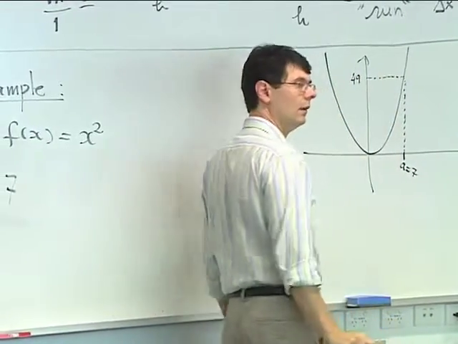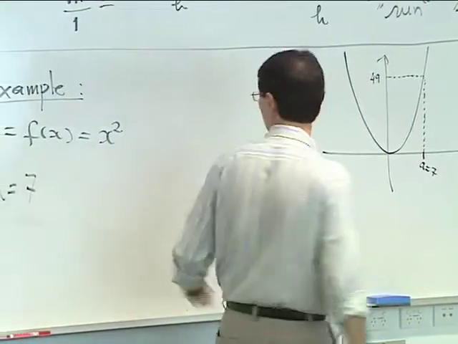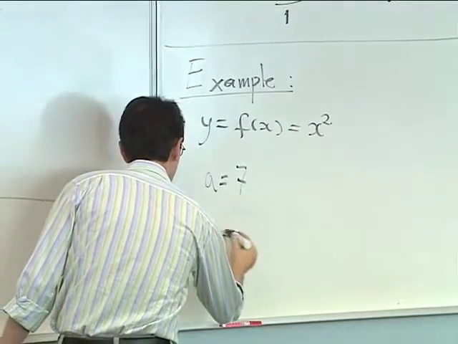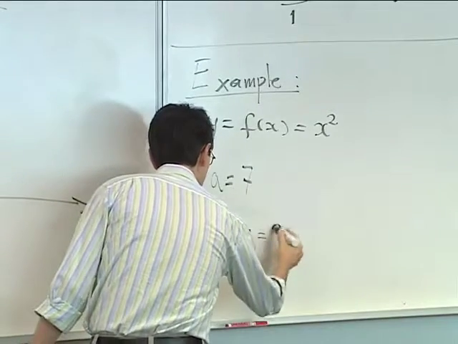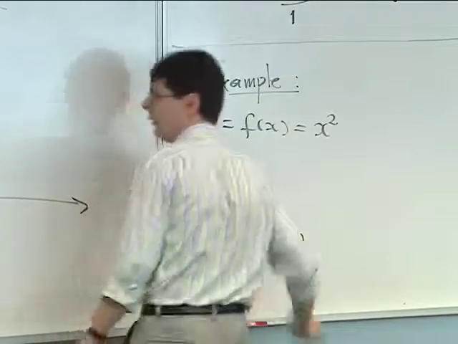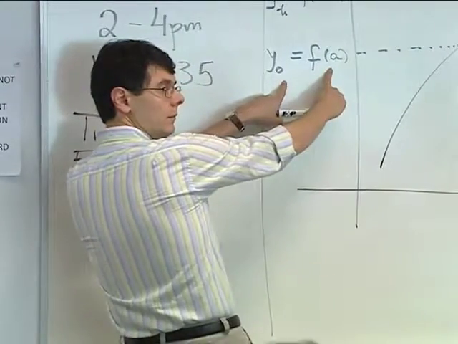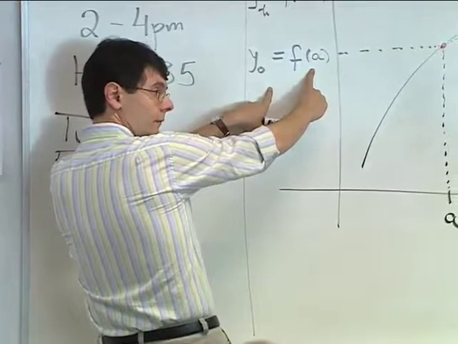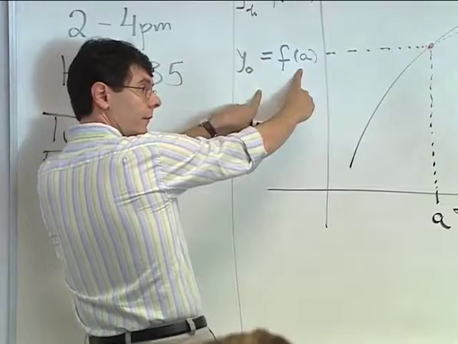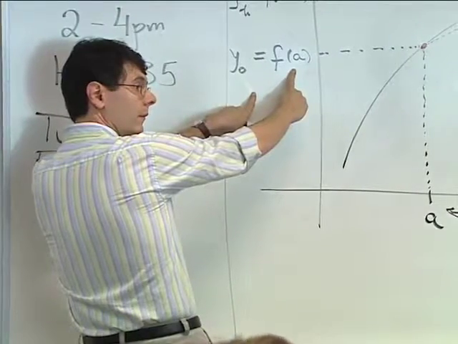Okay? All right? So what we're saying here is that 49 is the value y0, which is f of 7. Okay? You with me?